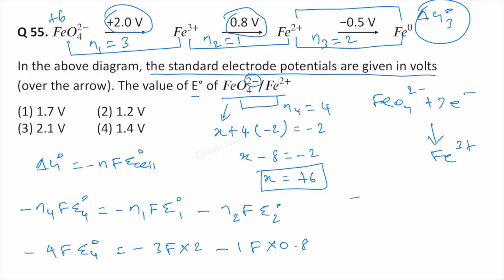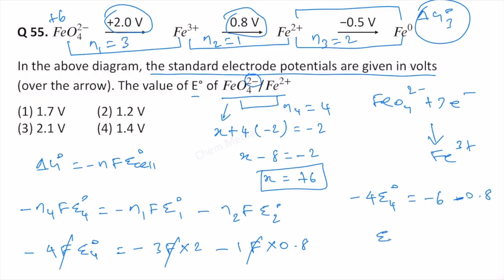Therefore, minus 4 E4 standard is equal to, F is constant everywhere, therefore we can remove that, minus 6, because 3 times 2, minus 0.8.